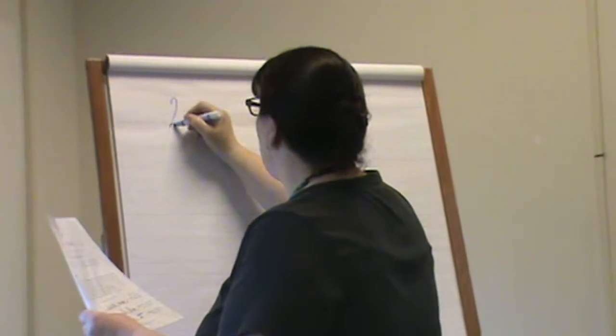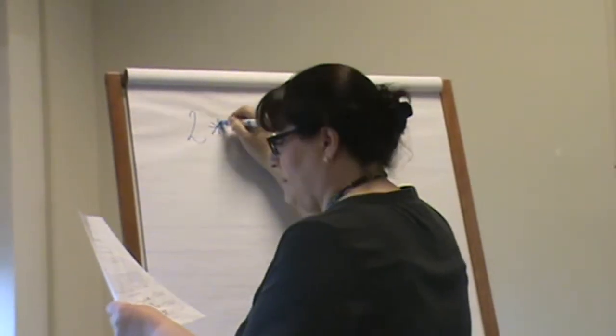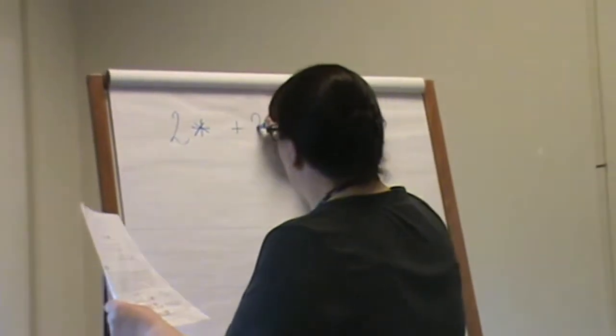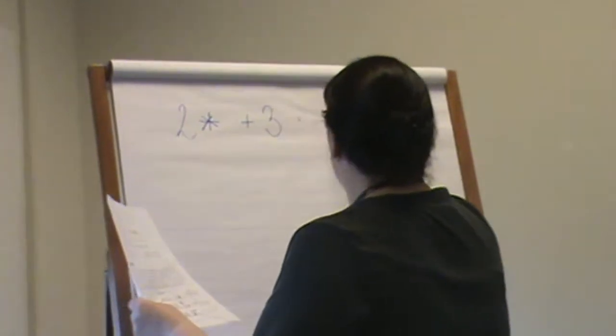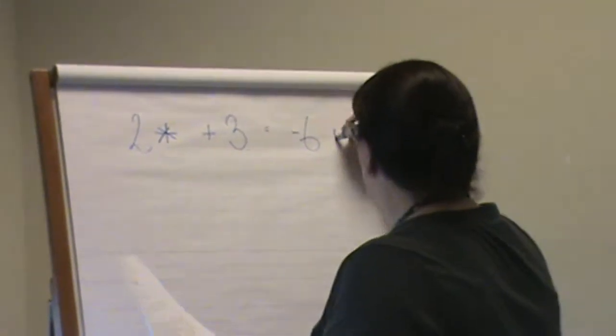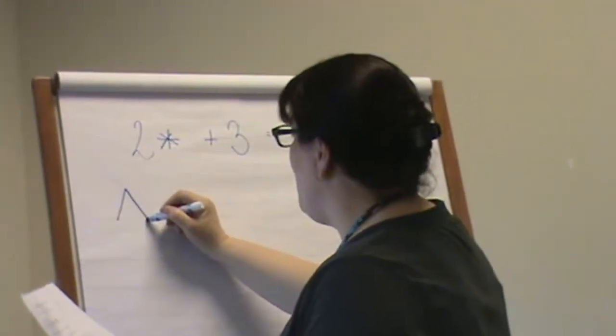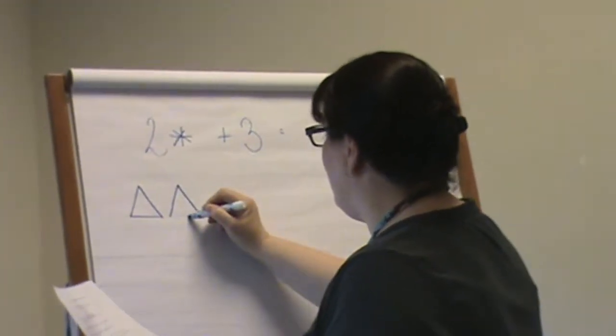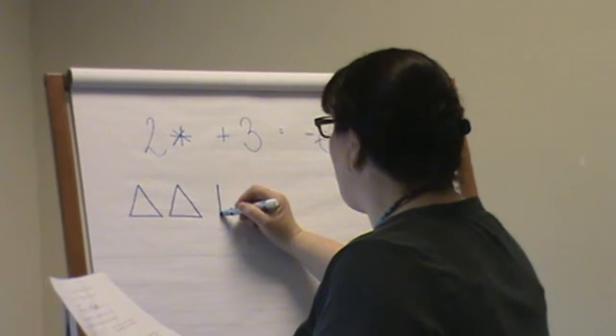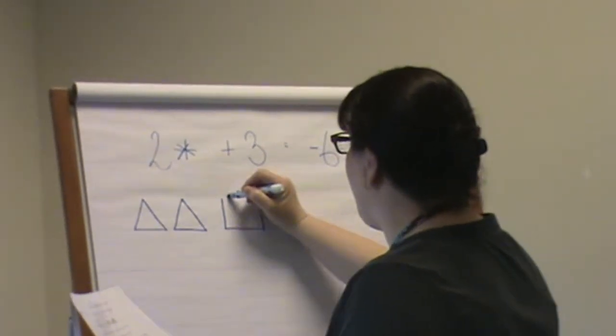Our first example is 2 stars plus 3 equals -6 plus x. We already know how to draw the 2 stars. We use 2 white triangles. And we know how to draw a 3.